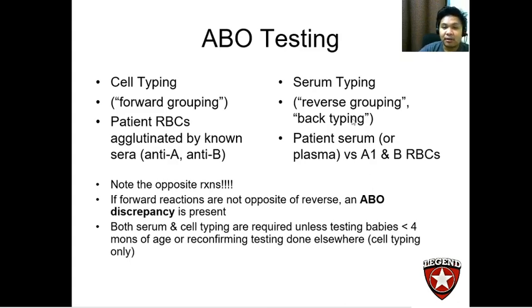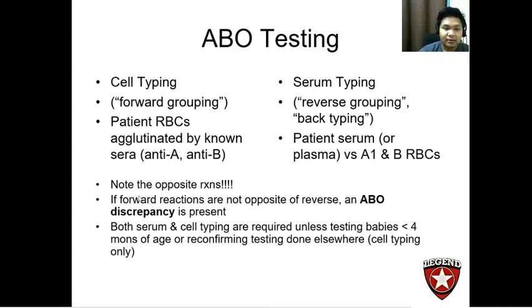For serum typing or reverse grouping or back typing, the patient's serum or plasma, okay, is added to A1 and B RBCs. So what we are trying to look for here are the antibodies of the patient, not the antigen. This is the reason why, again, we do not perform reverse typing on neonates because neonates lack the antibodies.